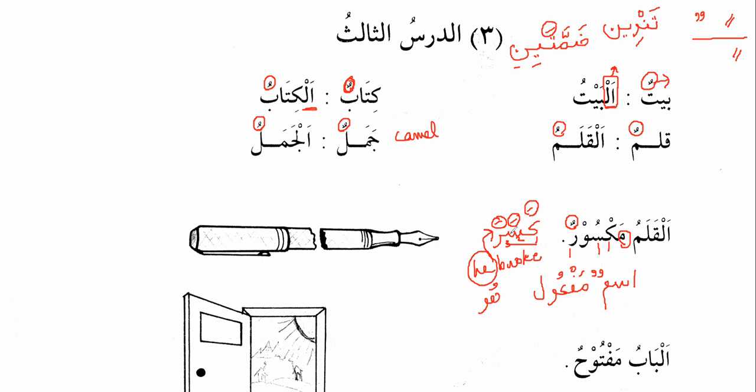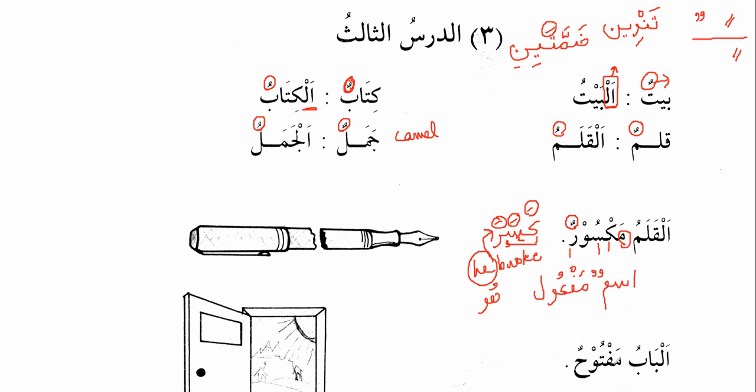Now kasara means he broke. Maksurun, now this is ismun maf'ul, the name of an object, the thing which is broken. The action of breaking is done on an object, and that broken object is known as ismun maf'ul. So maksurun means what is broken? The pen is broken.